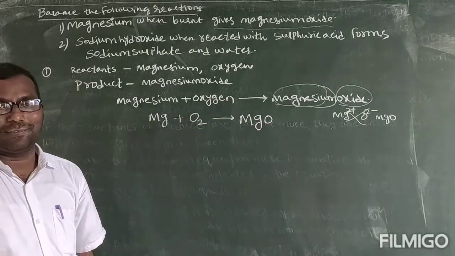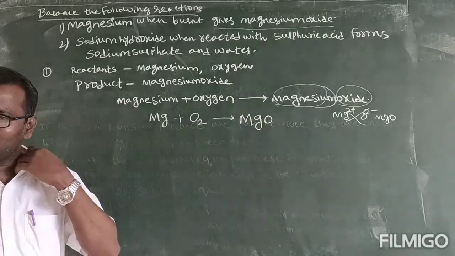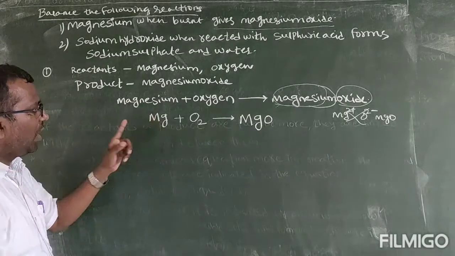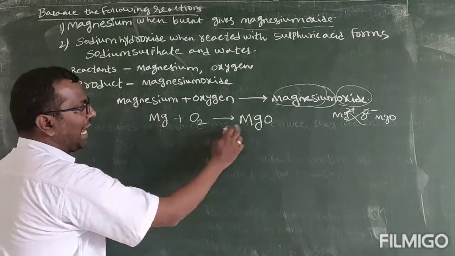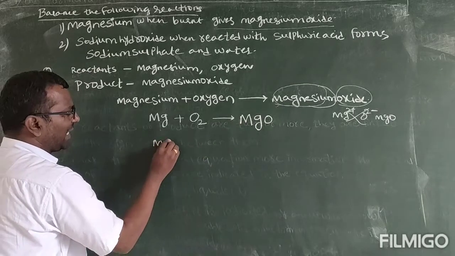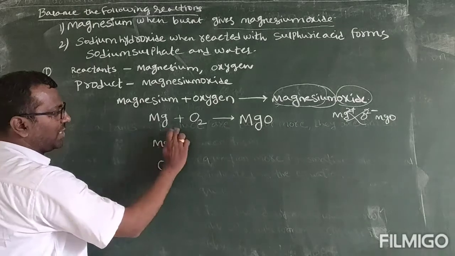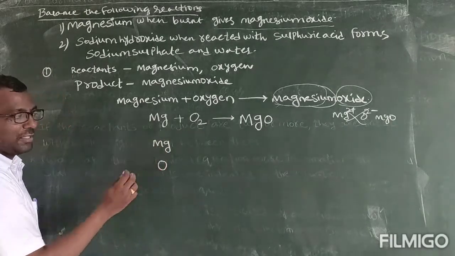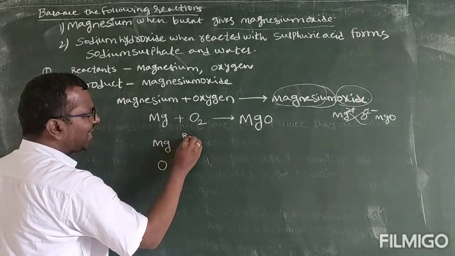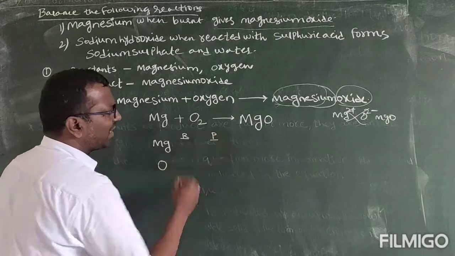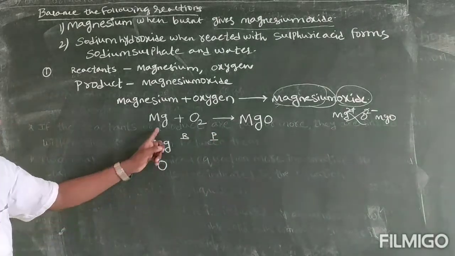Now you see here how to balance. Whether it is balanced or not, you see first. First of all, you identify the atoms on the reactant side: magnesium and oxygen. How many are there on the reactant side and how many on the product side, you count.